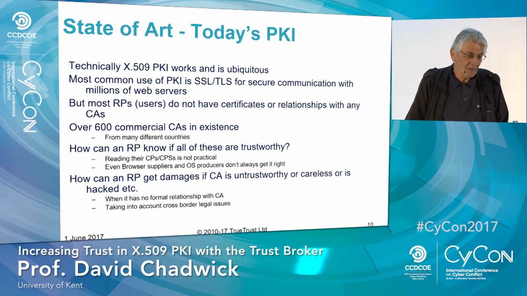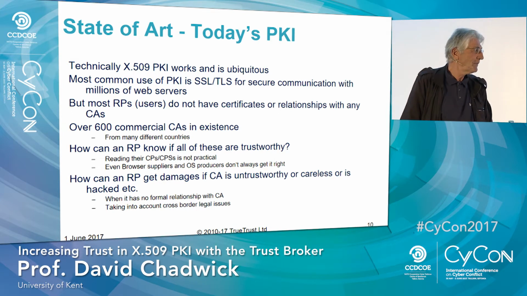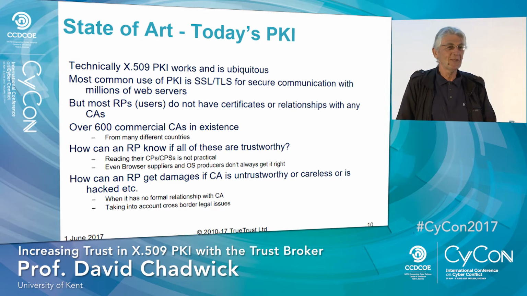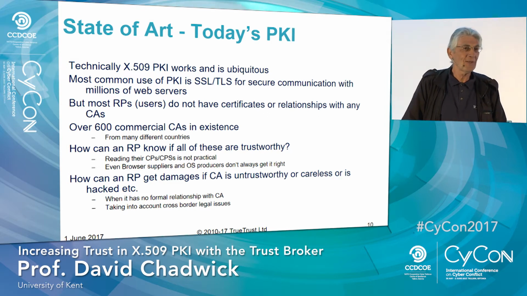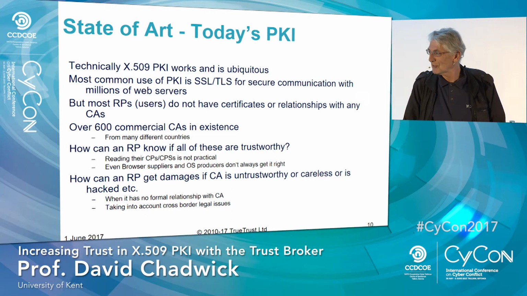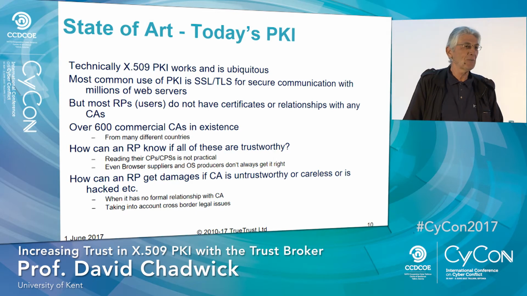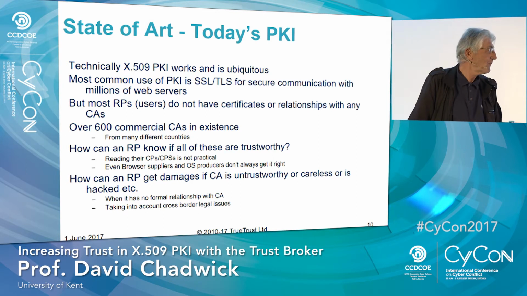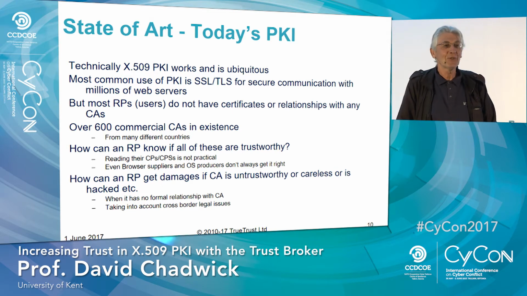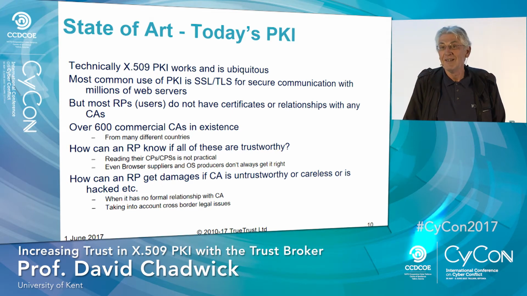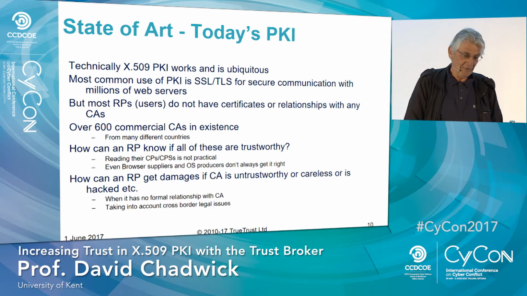And if they get it wrong, what damages do they give you? Well, unfortunately, they don't give you any. When you download the operating system or the browser software, you'll have signed or agreed to a license which says they don't take any responsibility for this at all. So you're trusting them to validate certificates and CAs, but they won't take any responsibility for anything that goes wrong.